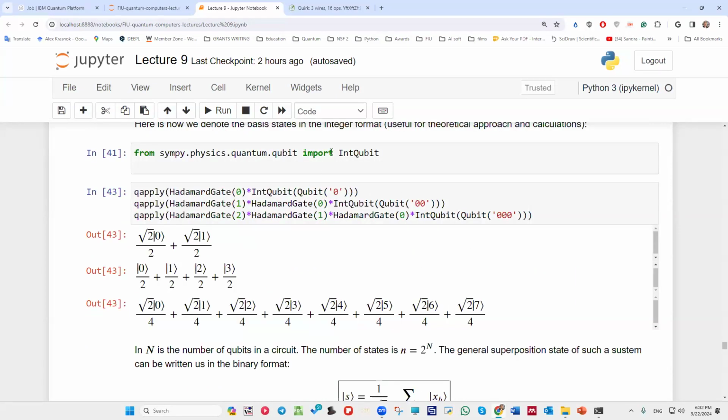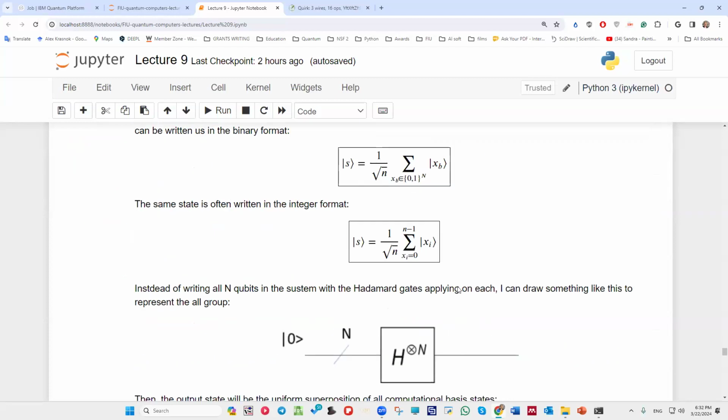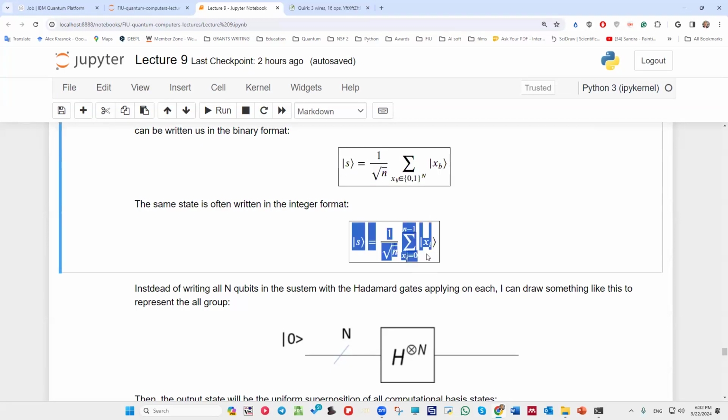Likewise, if I use this integer qubit approach, I can write exactly the same state in a more feasible way. Now I don't want to write all possible combinations of zeros and ones. I just write the summation over this state x_i, which is basically just the digital number, or integer number, from 0 to 2^n minus 1.